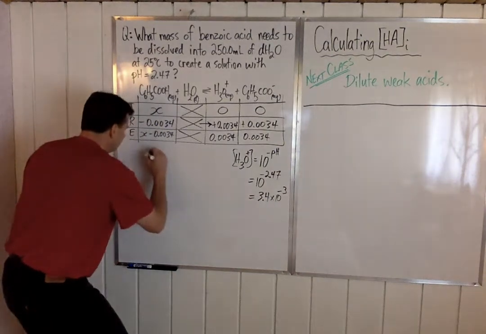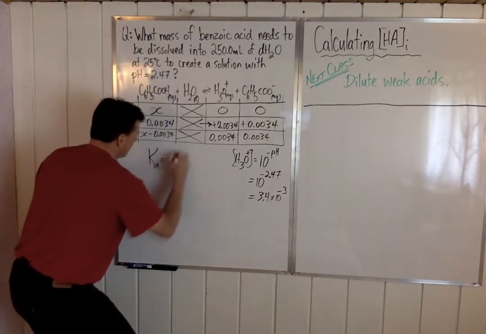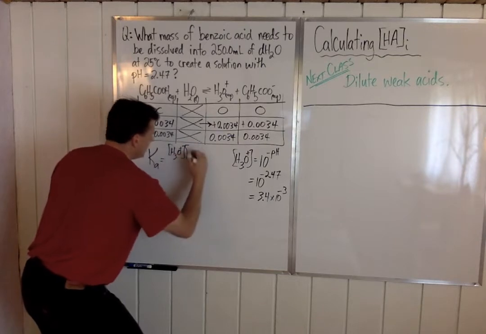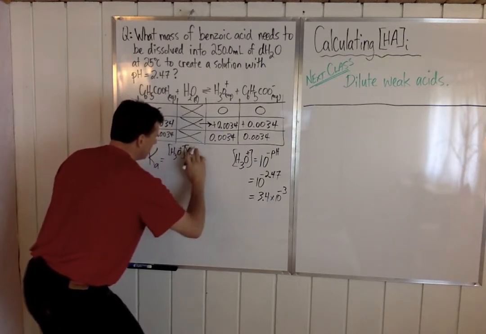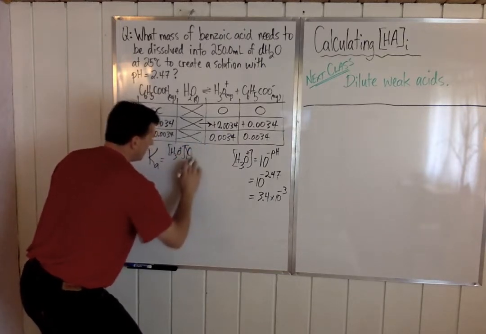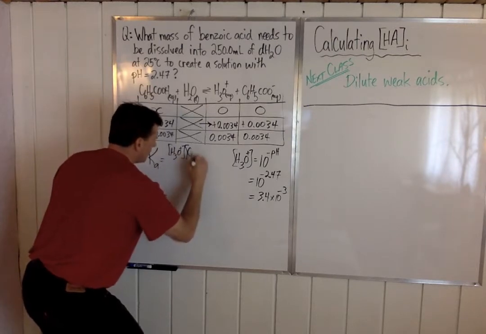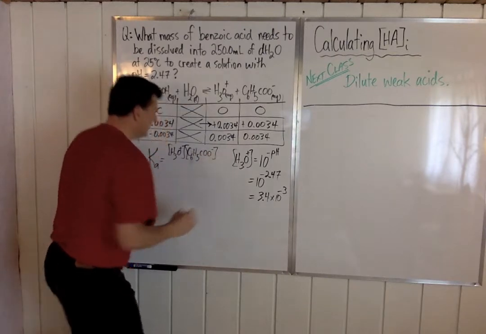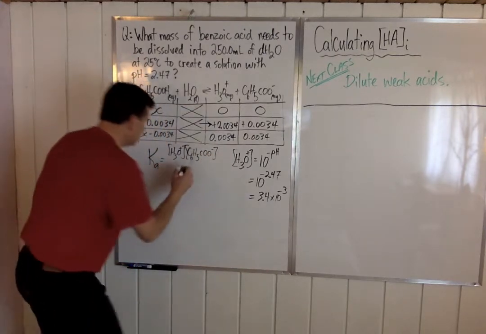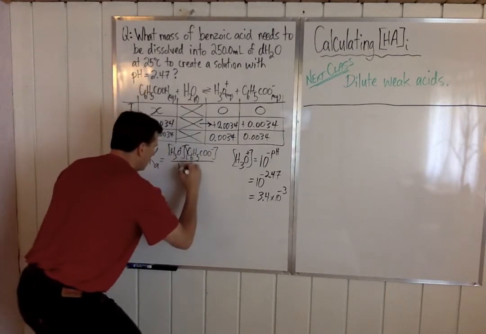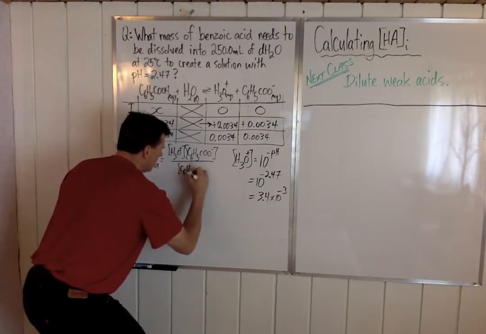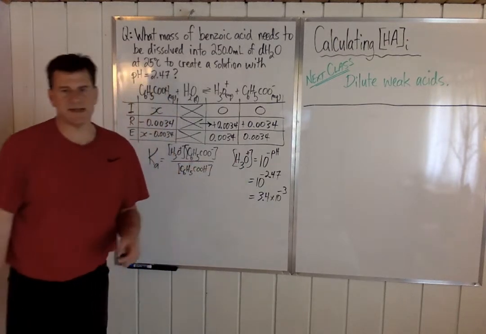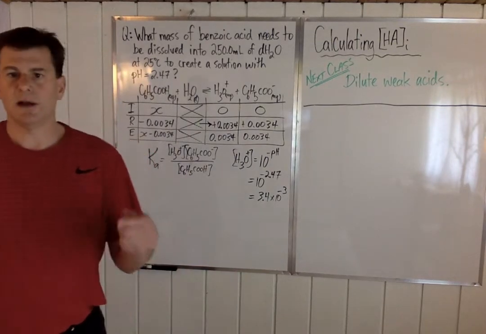So the Ka equals the hydronium times the benzoate, the two products, over the concentration of the benzoic acid.